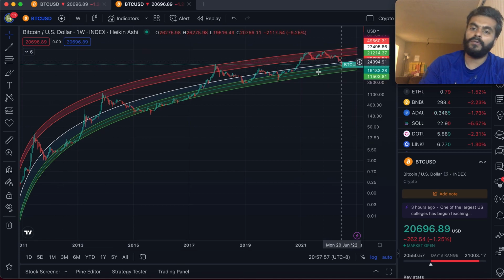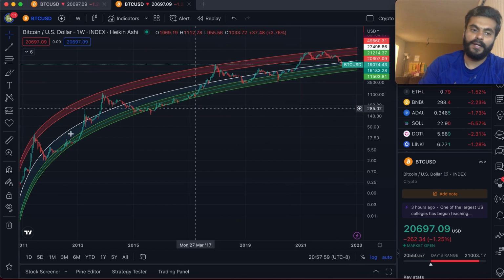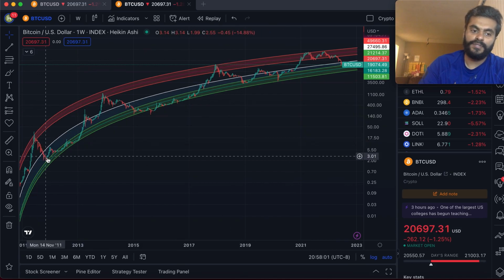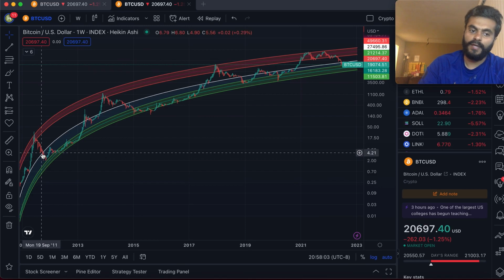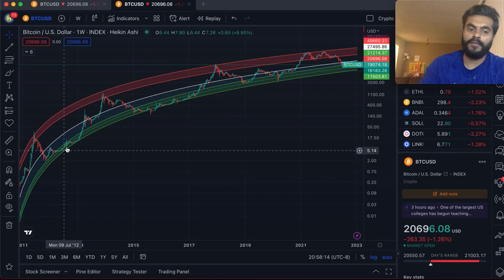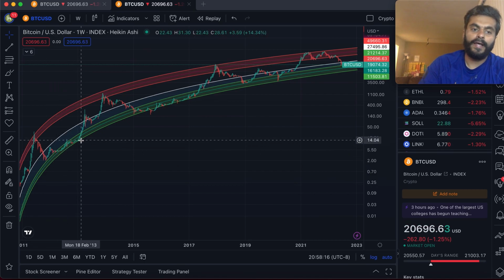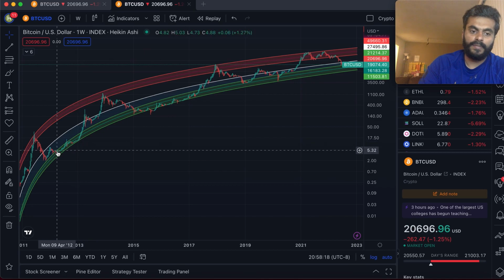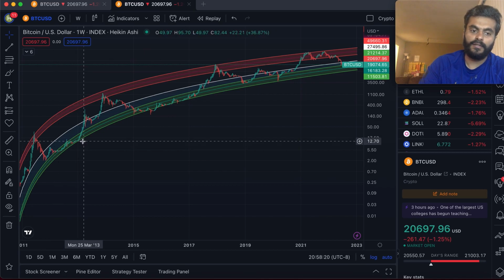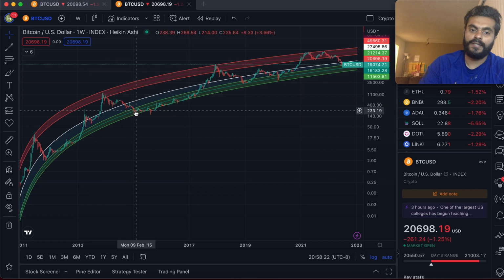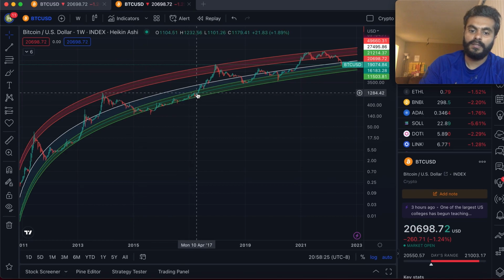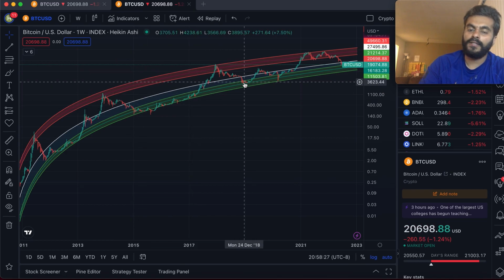But what we can also see is that after Bitcoin breaks down from the overvaluation regression band, it often visits the fair value, the line in white, and after getting rejected by the fair value, it goes into the undervaluation territory and spends some time, in the first cycle almost a year, in the second cycle about 2 years, and in the third cycle it was kind of different.